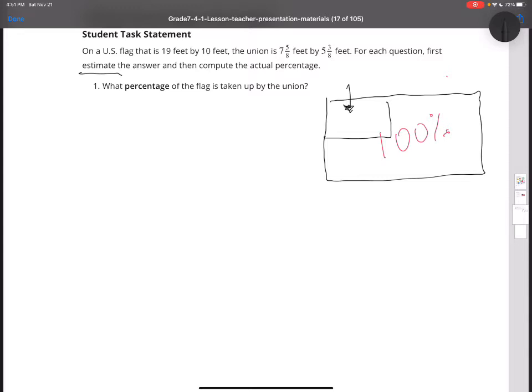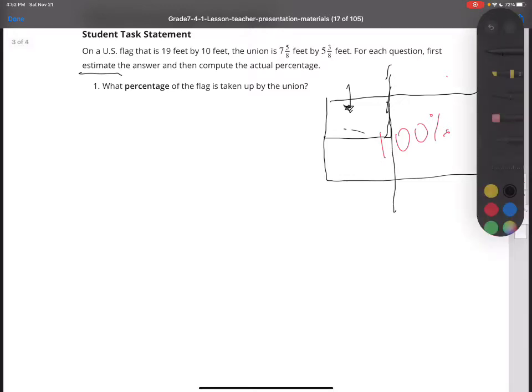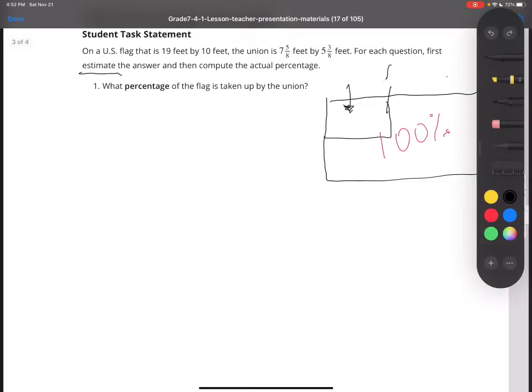So I'm going to say in between 20 to 25%. And why did I get that estimate? Because if the Union is in the corner and the Union is almost halfway, that would be 50%. Well, it's a little bit smaller than 50%, so it has to be in that range of 20% and so on. That's my estimate.